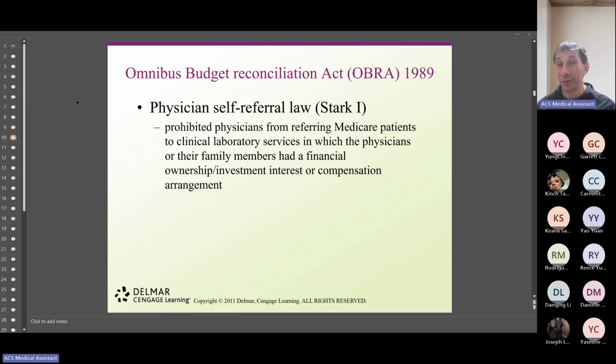Sometimes they don't know about these laws. So whenever the medical provider suggests, because they're not going to tell you, oh, you have to go to this one, they don't. They suggest, do you have a pharmacy of your choice? No, I don't. Okay, so we assign you one.